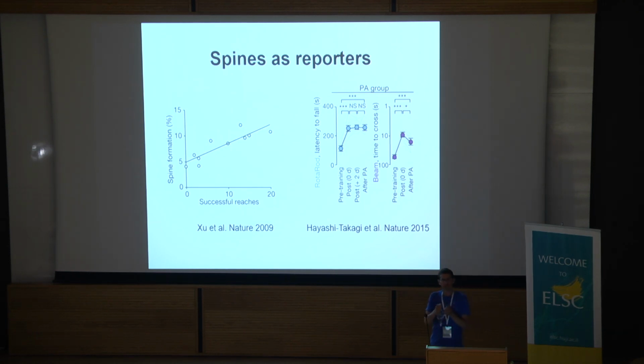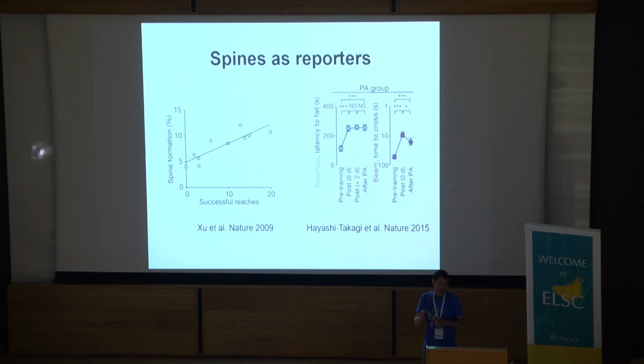This only shows a correlation, but now this is more of a causative manipulation, because what they did is that they could mark the spines that were modified due to learning, and then, using optogenetics, inhibit these specific spines. They had two different motor tasks, a rotor rod and a beam task.